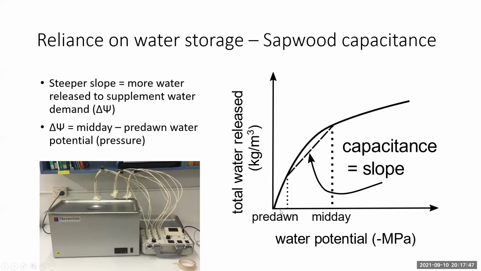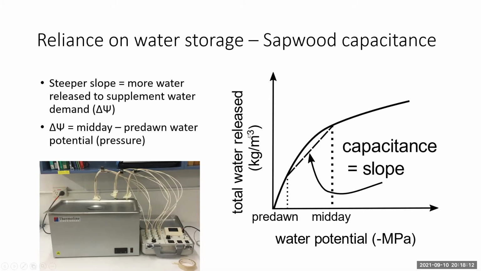So as we dry the samples, I dry them on a bench, and then I put them in this water bath, and then I measure the water potential. And then I periodically measured how much water was being lost.